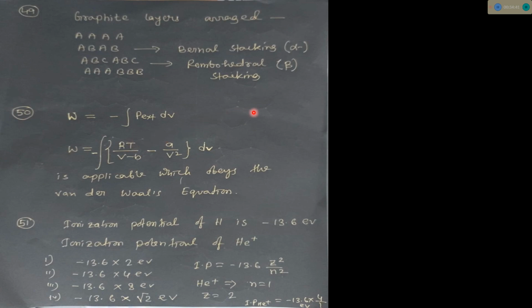So we know the van der Waals gases, so we can write this. This term becomes p external for van der Waals gases. So if p external is the pressure, then rearranging the van der Waals equation to write the P term, it becomes RT by V minus b minus a by V square, obviously for 1 mole of gas.